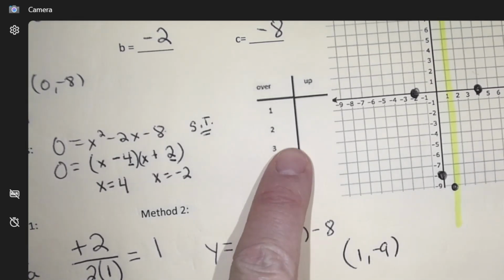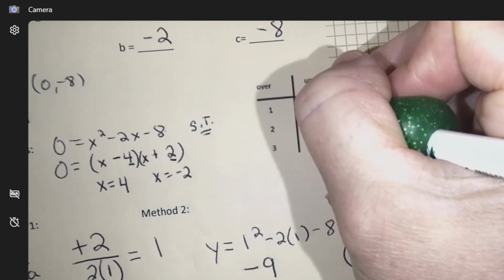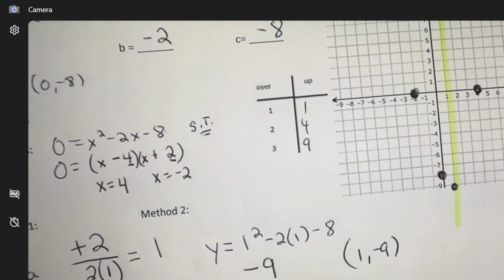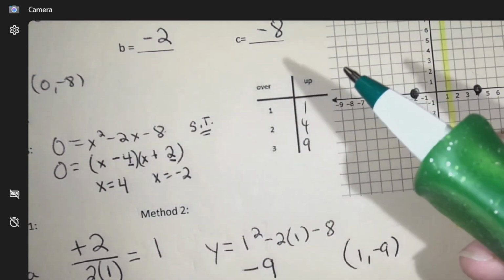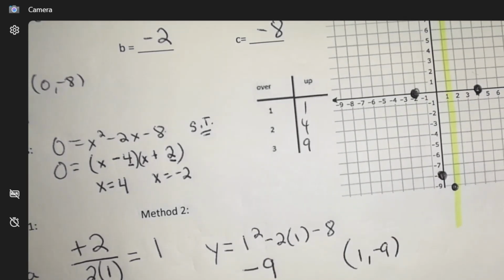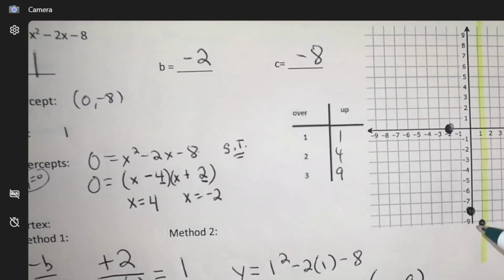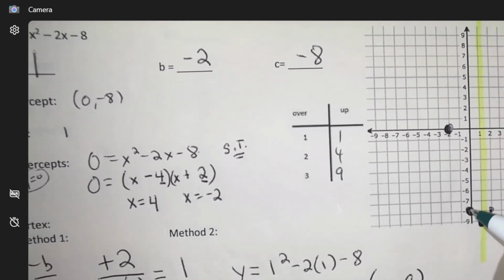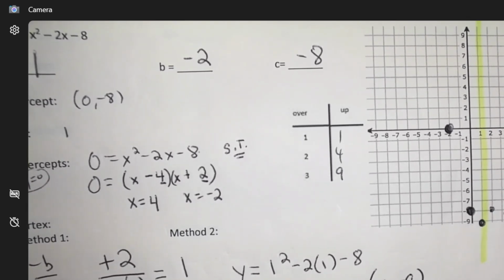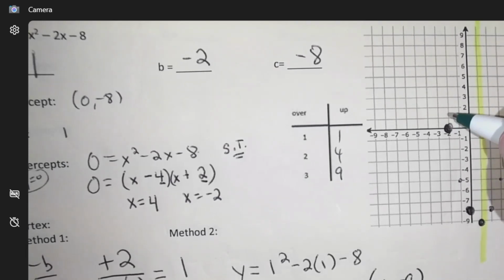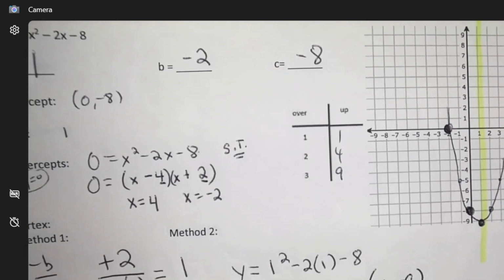Okay, and then one more quick check here: 1, 1, 2, 4, 3, 9. Should we do that or should we change that? We should do exactly that because the slope was just 1. That fits that point. Yeah, that's fitting everywhere. It's all connecting together.